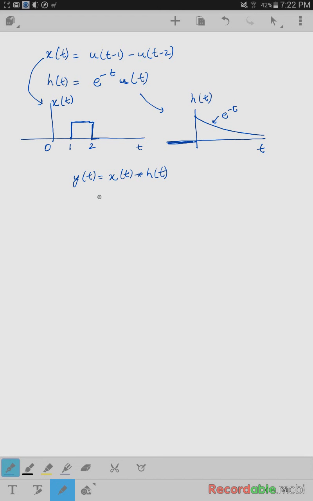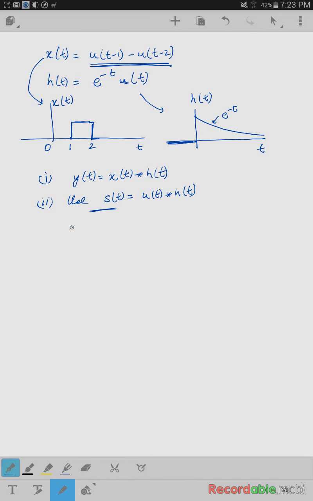But what we want to do here is to use s(t), the step response, to understand what the output for this particular x(t) is going to be. Remember, s(t) is u(t) convolved with h(t). This is the second approach, and it's good to notice that the input x(t) is actually a difference of two unit step functions.